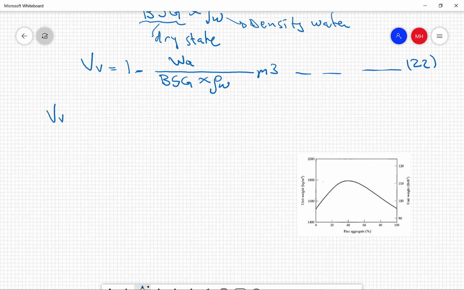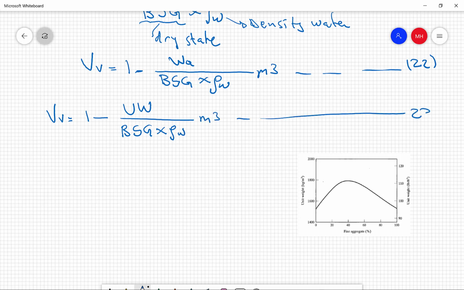We can say the volume of voids equals, no, I'm going to have to do some rearrangement here. 1 minus basically the unit weight, remember the definition of the unit weight, divided by the bulk specific gravity, of course multiplied by the density of water, again cubic meter, and this will be equation number 23.